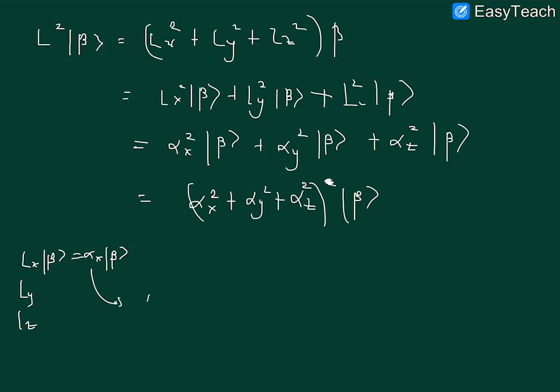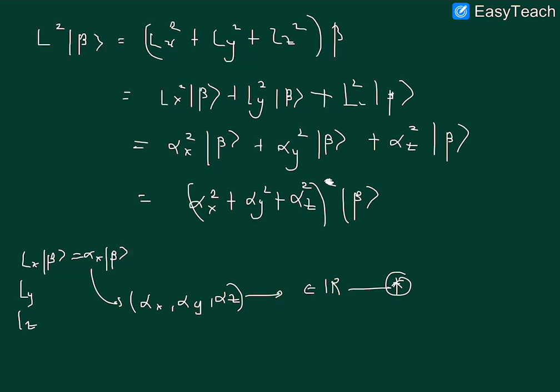So we must note that alpha x, alpha y and alpha z, these are the three eigenvalues which are real, since the matrices Lx, Ly and Lz are Hermitian. So this is the property of Hermitian matrices, that their eigenvalues are real. This is an important point to note over here.